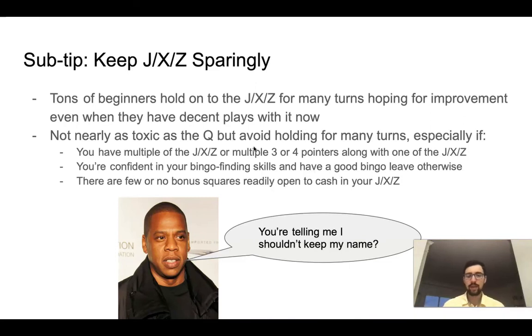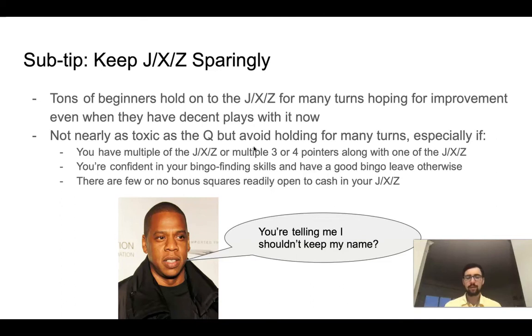Now, the J, the X, and the Z are a little bit different, but I still do see some similar patterns where people hold on to them, especially newer players, for way too long. And you don't have to be as aggressive about getting rid of these tiles as the Q. They are a lot easier to work with, but you still shouldn't be playing for 10 or 12 points, holding on for a tile just in hopes that you'll maybe draw a big play with it for 50 or 60 points.